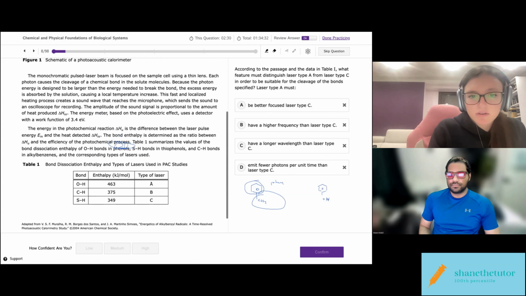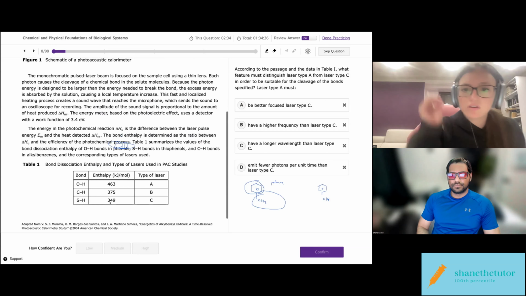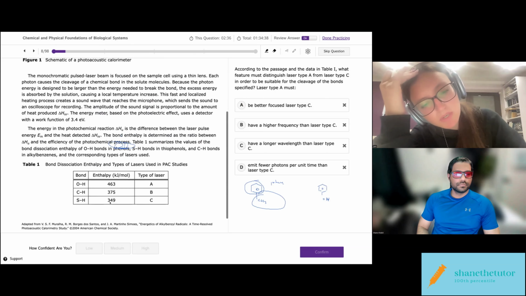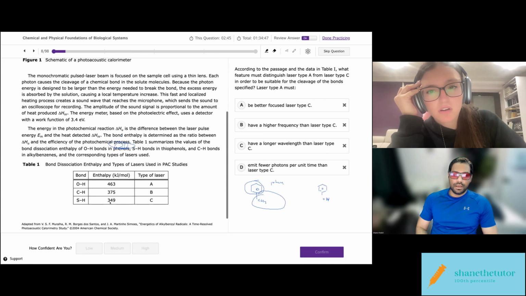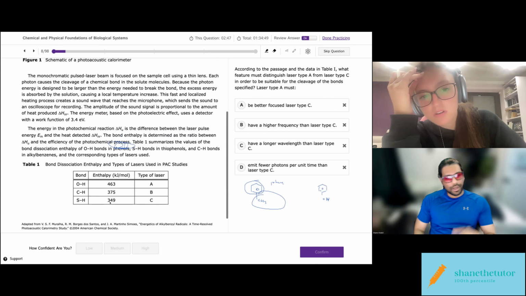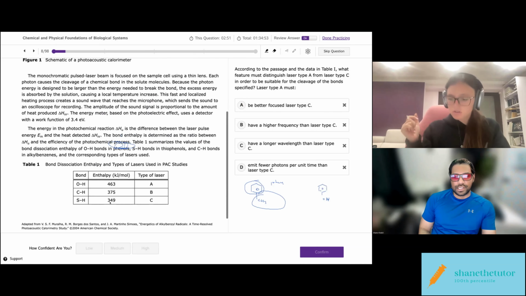And so A, I'm not sure what enthalpy means. If the heat is higher, then the frequency is usually higher. Oh, yeah. So what they're trying to tell us here is that it is essentially the energy levels of the types of lasers.